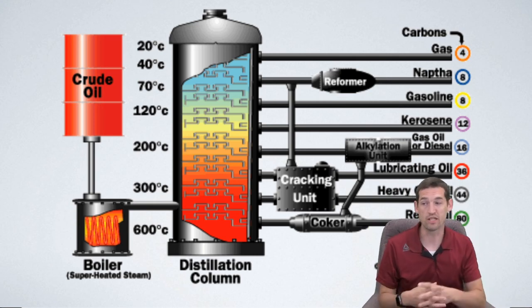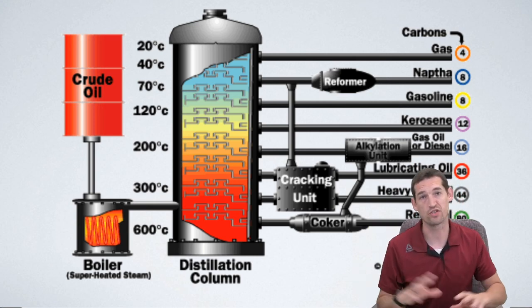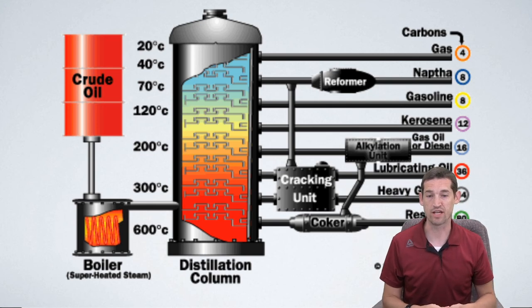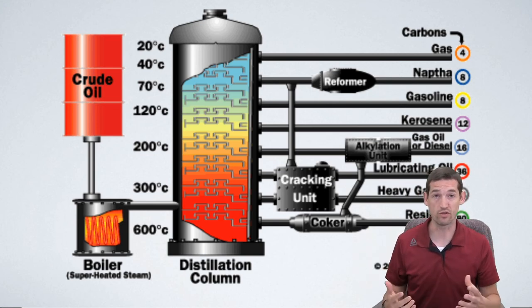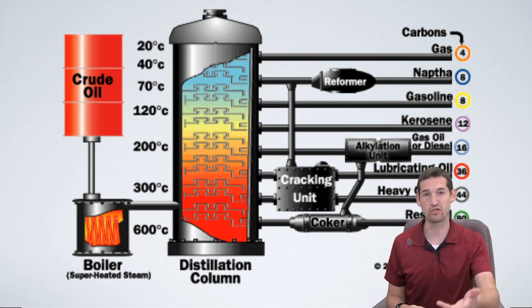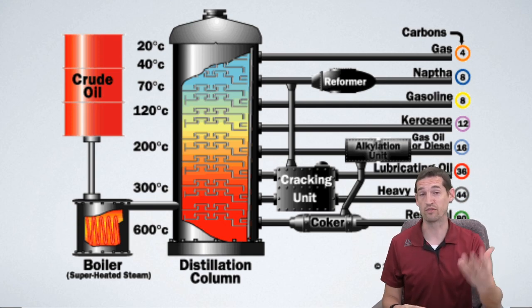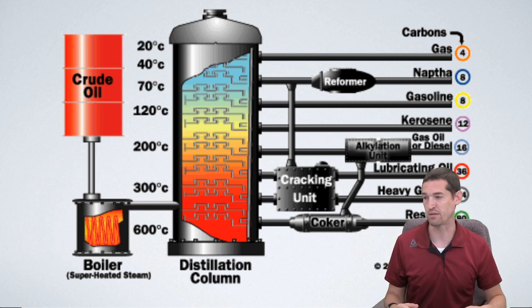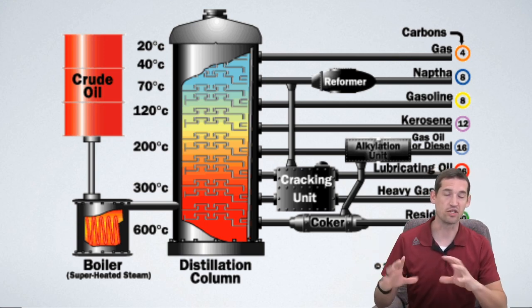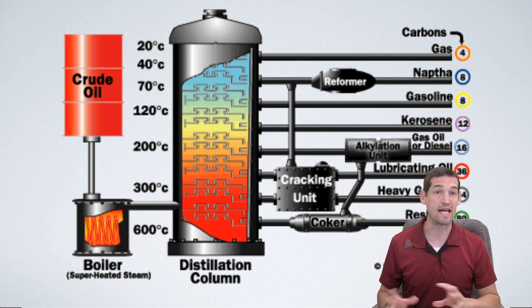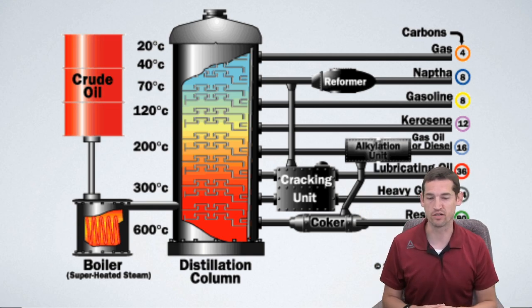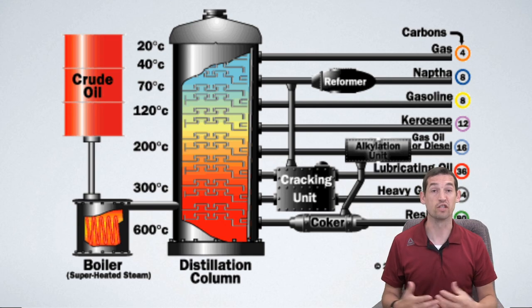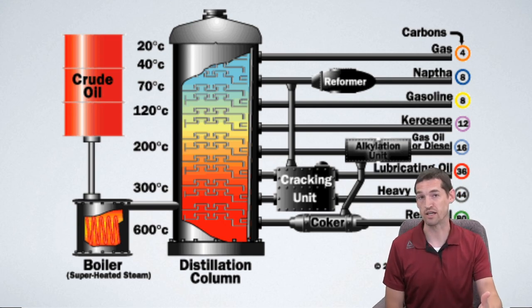But it's probably a whole bunch of these different processes all working together to take the crude oil from whatever source you're getting it from and turning it into whatever's in demand, whatever you want to sell, be it gasoline or kerosene or diesel or fuel oil or whatever that might be. It's going to be a combination of all of those physical and chemical processes going on to get that mixture turned into what we want it to be in the end.